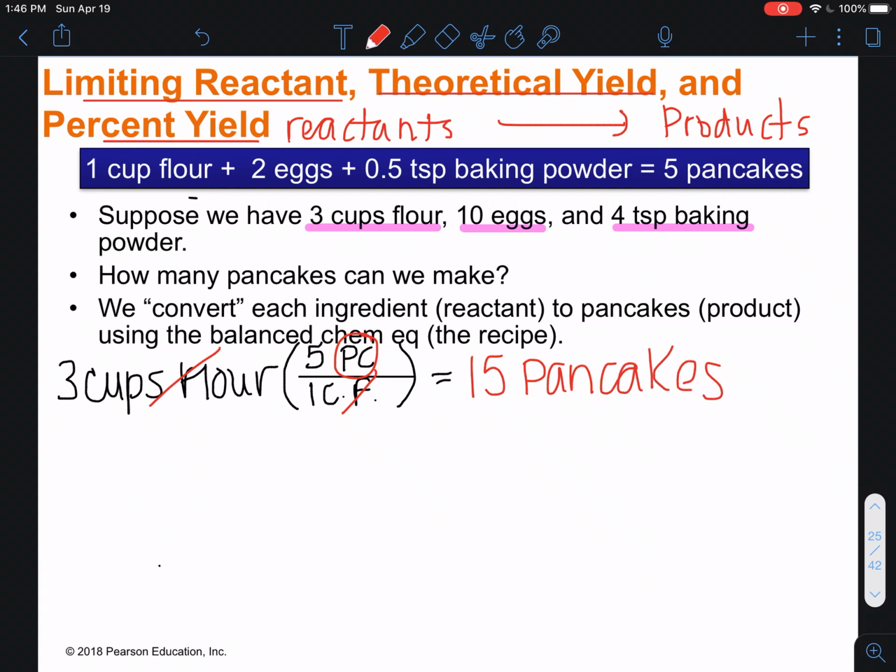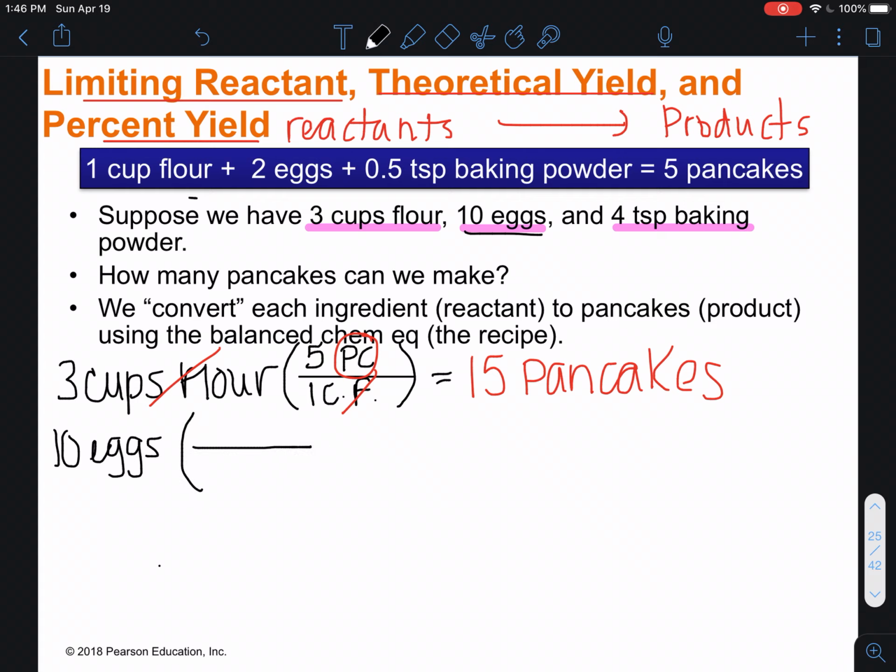Right? That's a situation where if we had 3 cups of flour and enough of the eggs or the teaspoons of baking soda, it will give us 15 pancakes. Likewise, if we have 10 eggs, now we have to convert eggs using the balanced chemical reaction to pancakes.